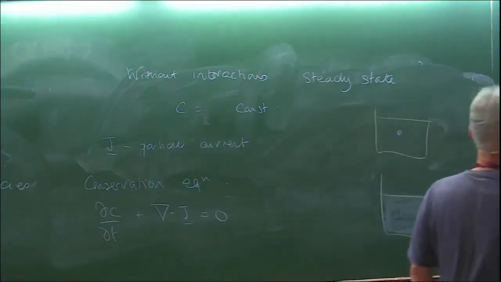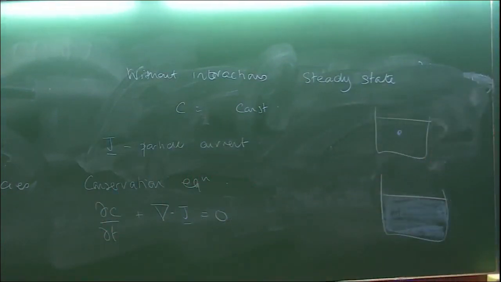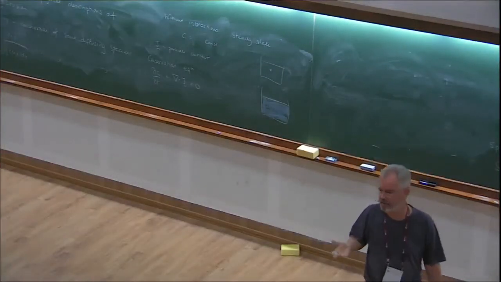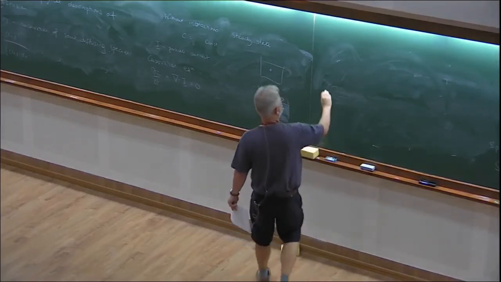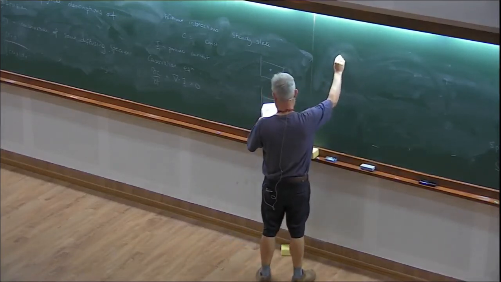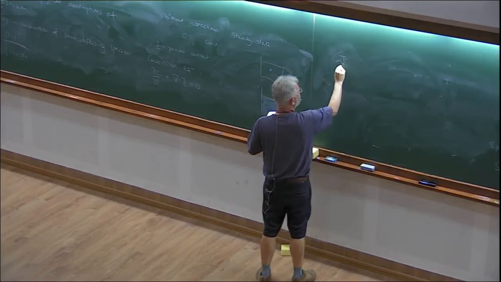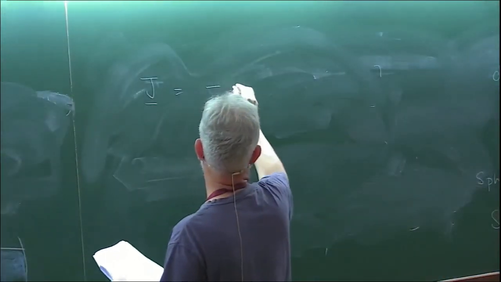So that's the first thing you write. And then the physics is, well, if the system's uniform, it won't do anything, right? So if there are no concentration gradients, there'll be no flow of particles. So the current, so you define it like this.